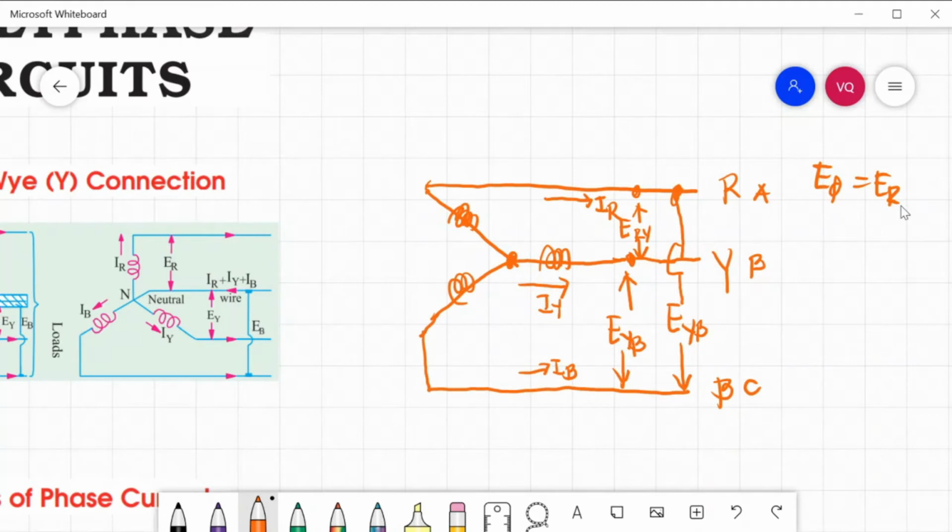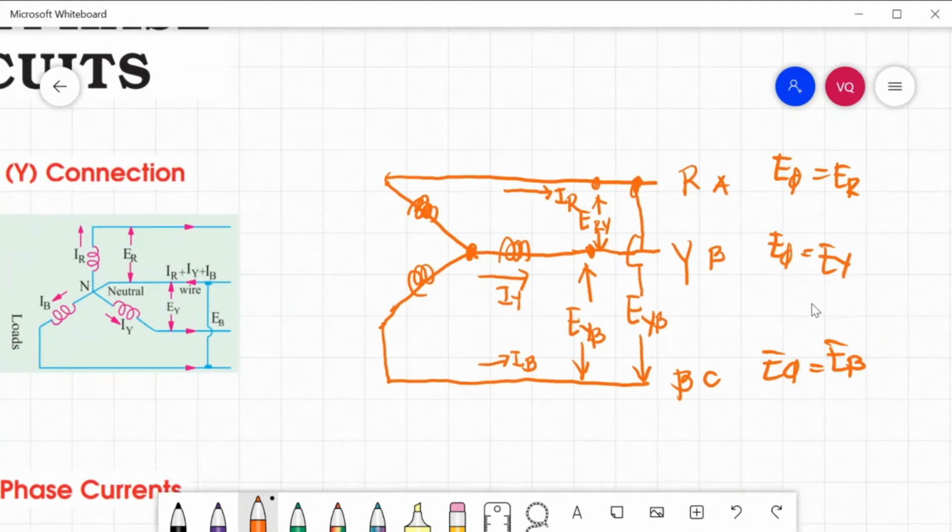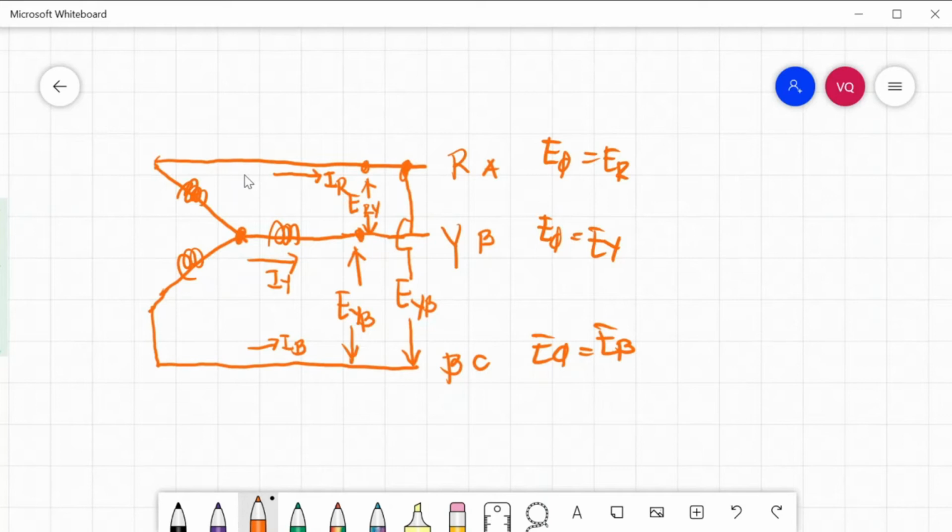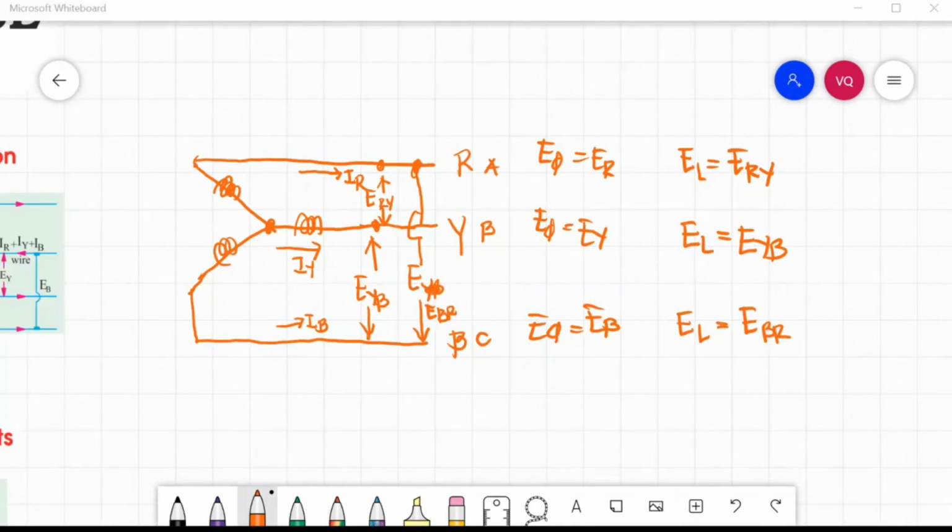Line-to-line voltage is the voltage between the two lines. So for the first line and the second line, it has a line voltage of ERY. So EL for line voltage, that is ERY. For the second line to line is EYB, and the third one is EBR.